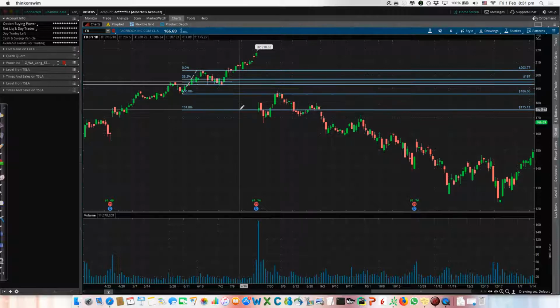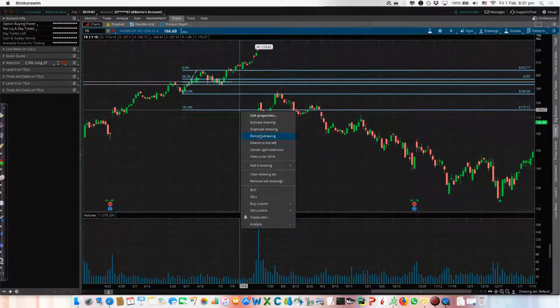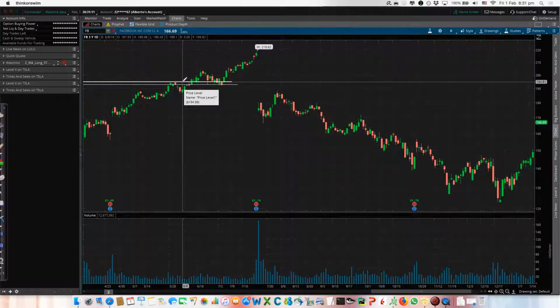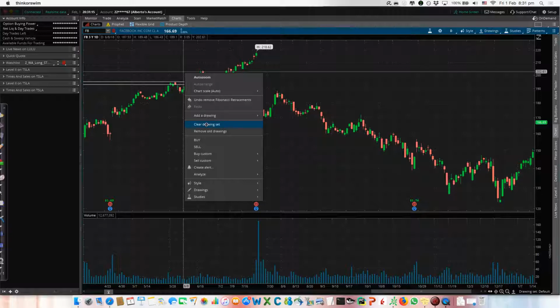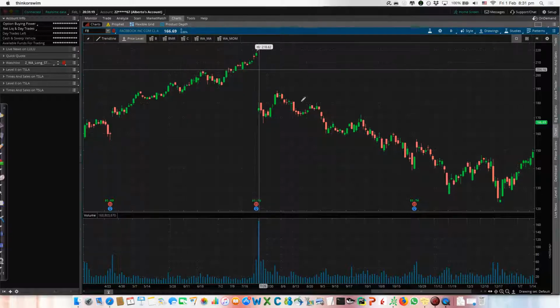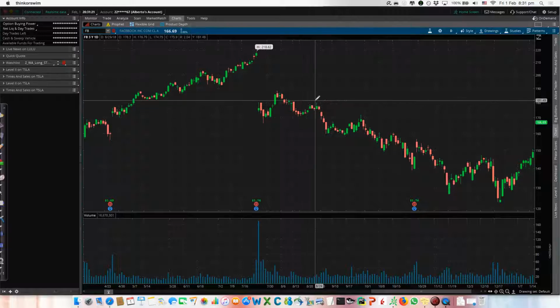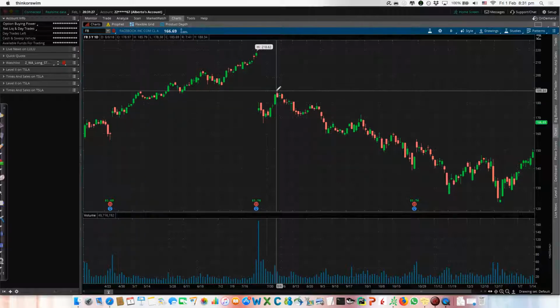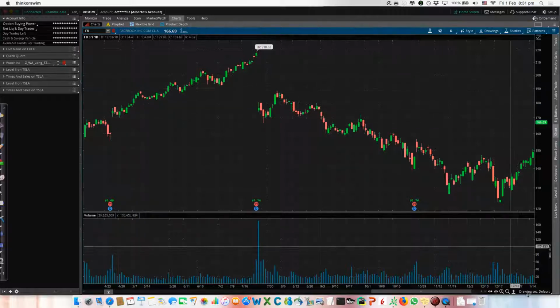Now I want to show you also what happens when you use Fibonacci on a downtrend. And this is Facebook, the example we are using. So on a downtrend, what you do, instead of connecting the low with the high, you connect the high with the low.